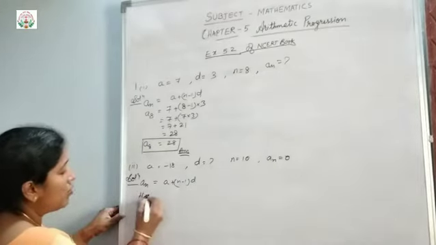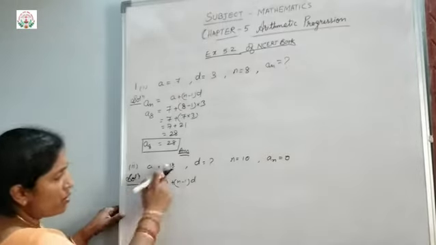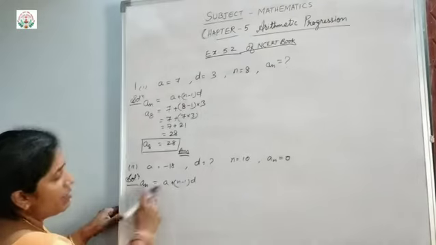So here what is given? A is given, you can directly put because the values are already given. So AN means A10, N value is 10.